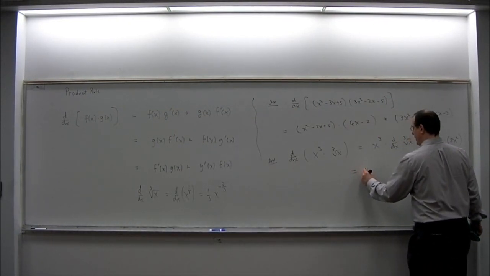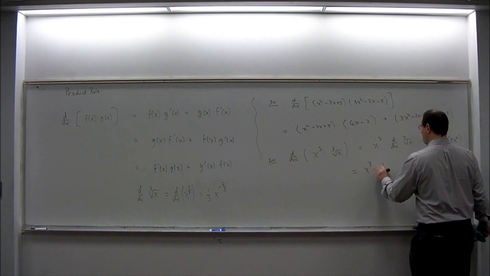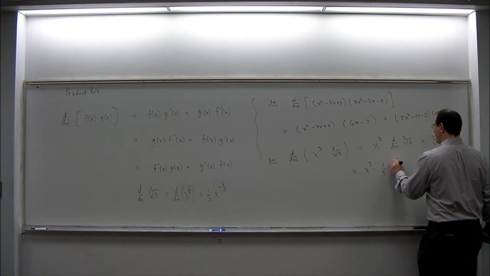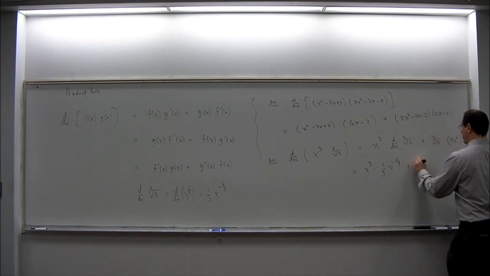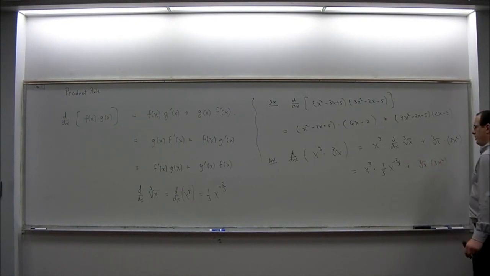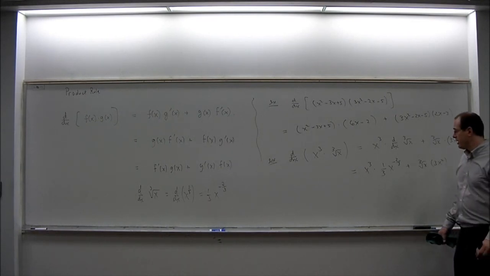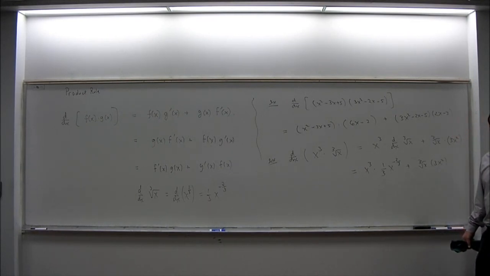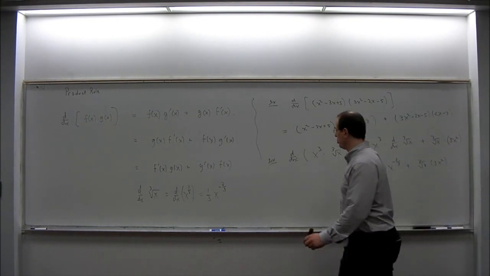So here we have x cubed times 1/3 x to the negative 2/3 plus the cube root of x times 3x squared. And that's one way to write the answer that's not very appealing. For this particular problem, actually, I wouldn't recommend using the product rule.